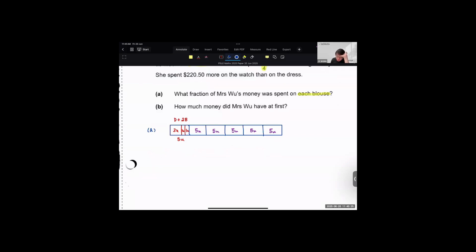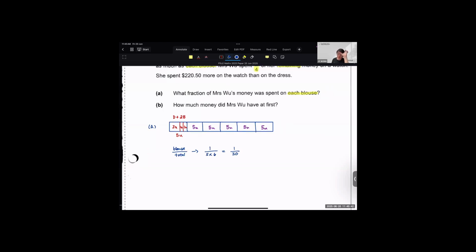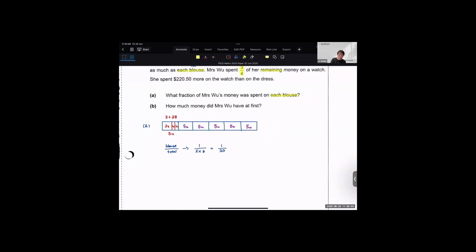If you look at the model, you should know that the total amount of money is 30 units. So blouse over total. Blouse is 1 unit. Total is 5 units times 6, which will give you 1 out of 30. So at the very least, you should get part A correct. Quite straightforward.